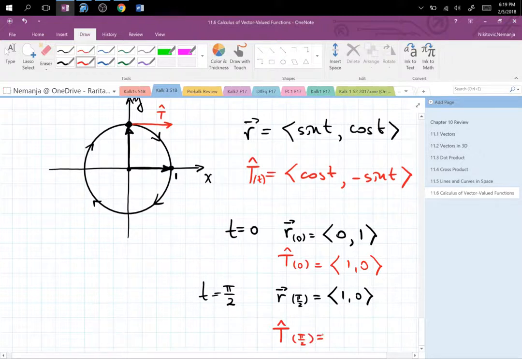What's this tangent vector? 0, negative 1. Nice. You see, everything falls into place.